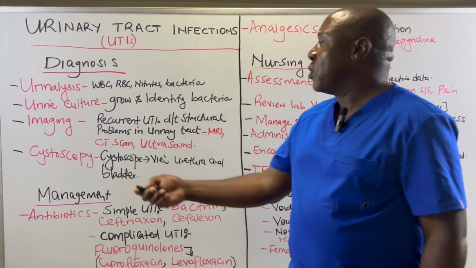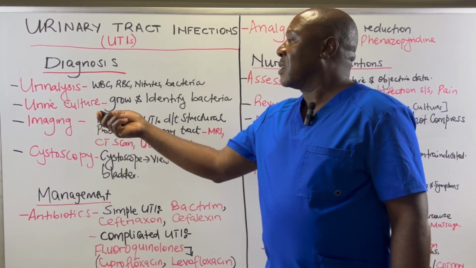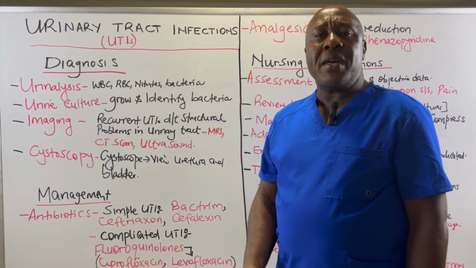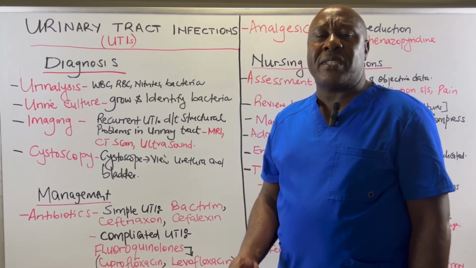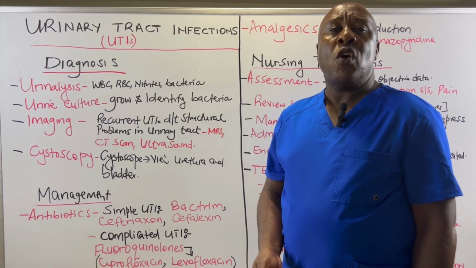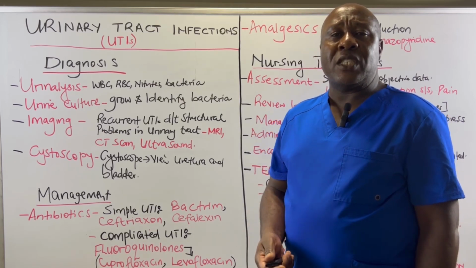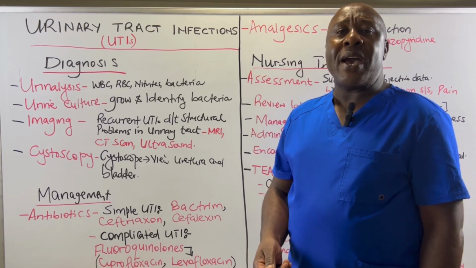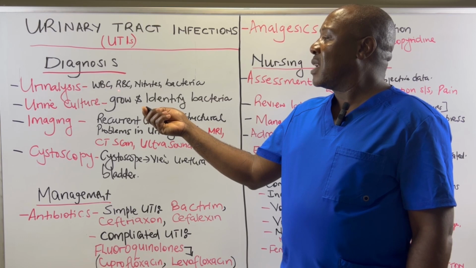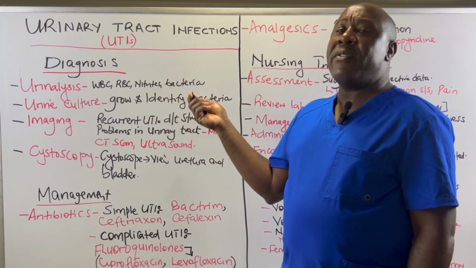Now, one of the methods is what we call urinalysis. In urinalysis, the healthcare provider will require the patient to provide a urine sample. This urine sample will be sent to the laboratory where it will be subjected to various tests to try and establish if we have white blood cells, red blood cells, nitrites, or even bacteria.